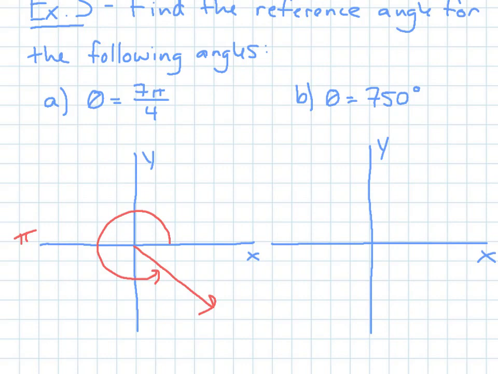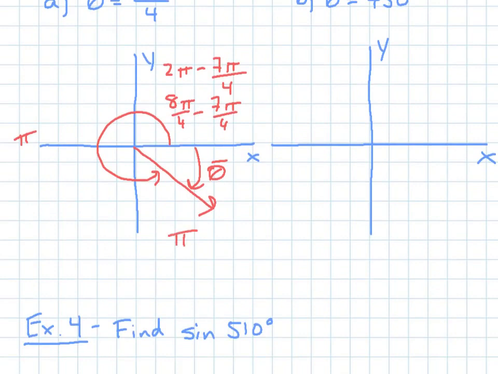So that lands in the fourth quadrant. If I want to find my reference angle, I take 360. In this case it would be 2 pi because we're in radians, so 2 pi minus 7 pi over 4. That is the same as 8 pi over 4 minus 7 pi over 4, which gets me pi over 4.